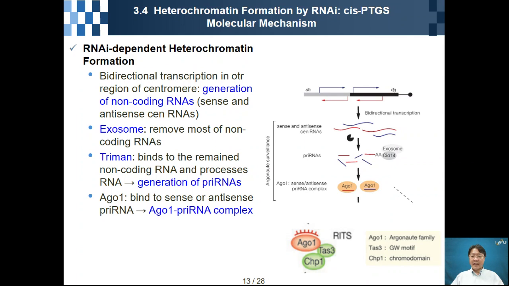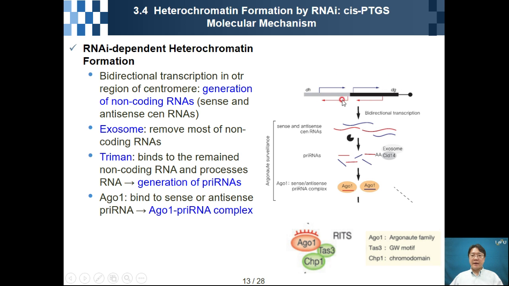So in this slide I will explain some detailed information of RNAi dependent heterochromatin formation. This is the OTR region of the centromere. It's composed of the DH region and DG region. In this region, bidirectional transcription happens in the OTR region of the centromere.